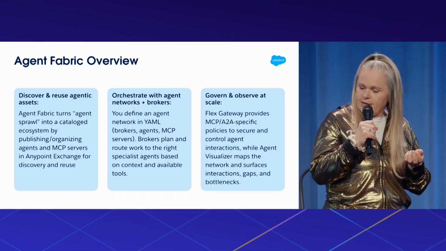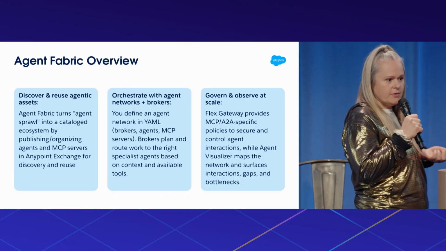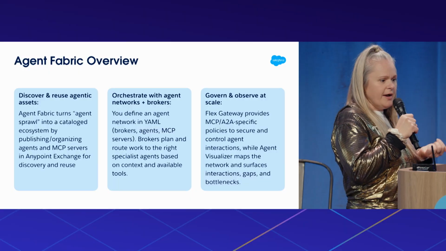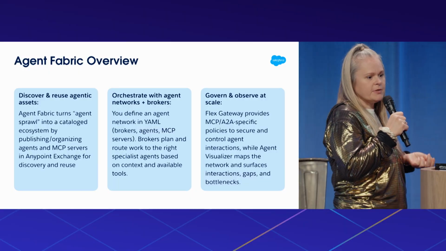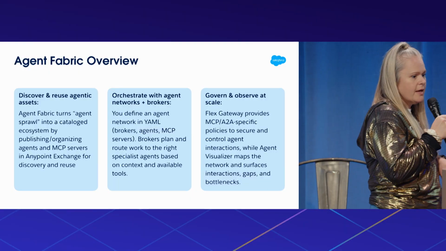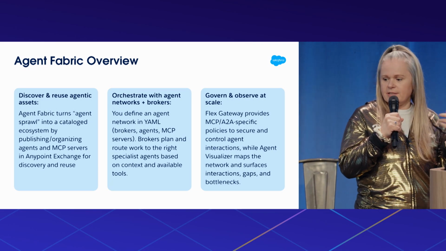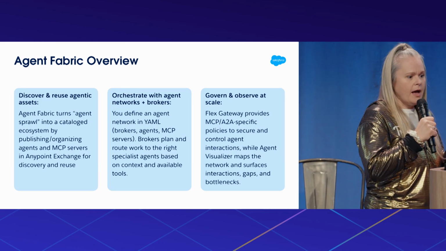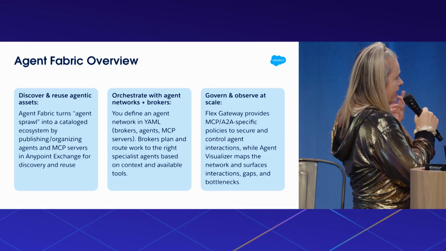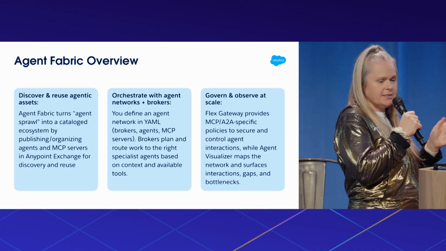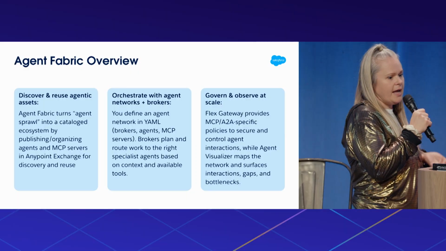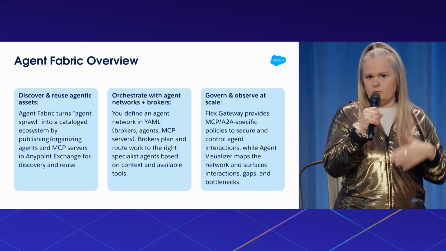Then you can orchestrate with the agent network and broker. So you're going to define your agent network using YAML, and then the brokers will orchestrate the tasks. And then you're going to also govern and observe at scale using A2A or MCP or both. A2A being how the brokers and clients communicate with agents, so it's the agent-to-agent communication network. And then MCP is how agents communicate with the tools.